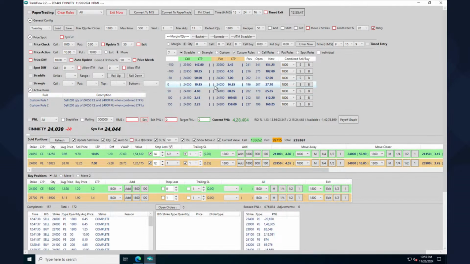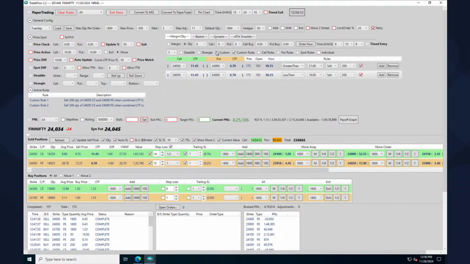So put is 24050, and then the call is 240. Ideally, at this price, the put got to be a lot bigger, but right now it is not, because the synthetic future price is a little different. But usually towards the expiry, these two become equal. So that's what would happen. But right now, I'm thinking it's 24050 usually, but then things might change down the line. We'll see.